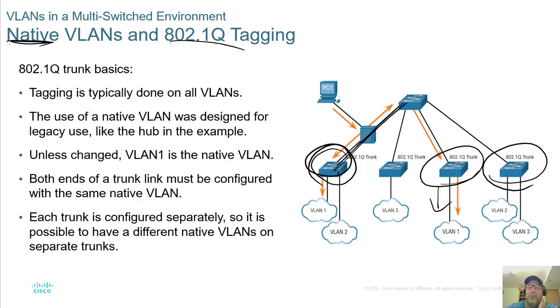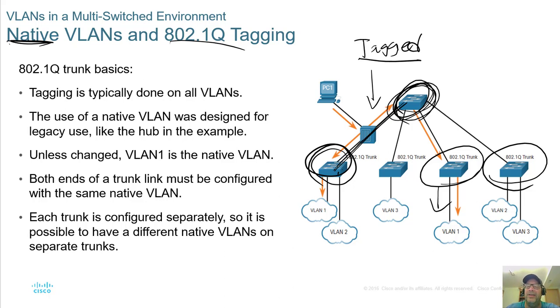At this point, I have to tag it. This needs to be tagged as VLAN 1 or 2, because without that tag, this receiving switch doesn't know what VLAN the information started from. So I have to tag it on its way in.